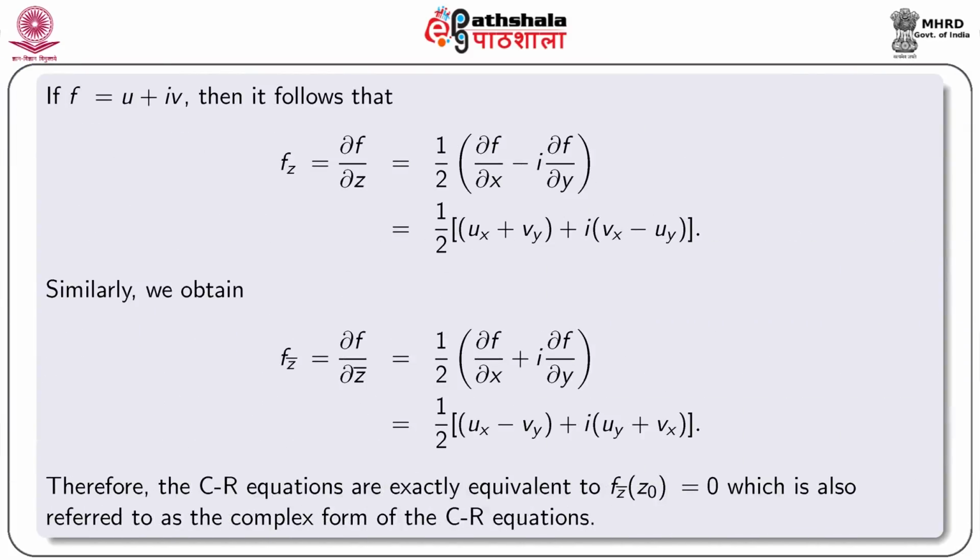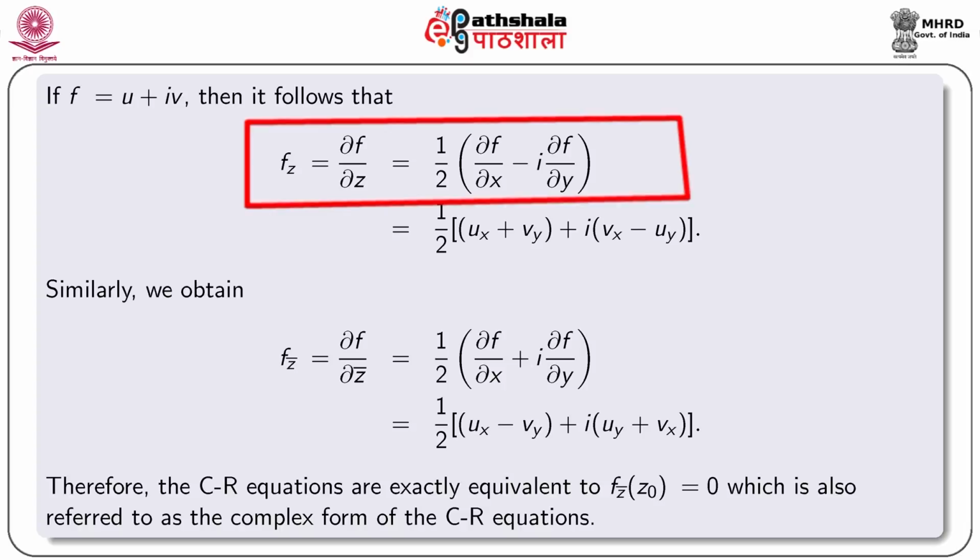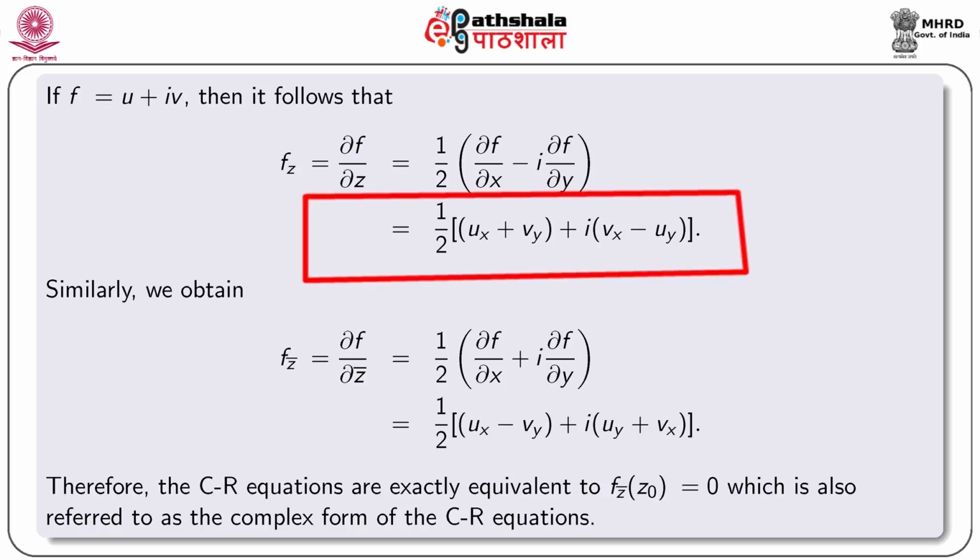So, if f equal to u plus iv, then we have partial derivative of f with respect to z, that is equal to del f del z, and this is equal to half (del f del x minus i into del f del y), and after differentiating we get this equal to half [u_x plus v_y plus i into (v_x minus u_y)].